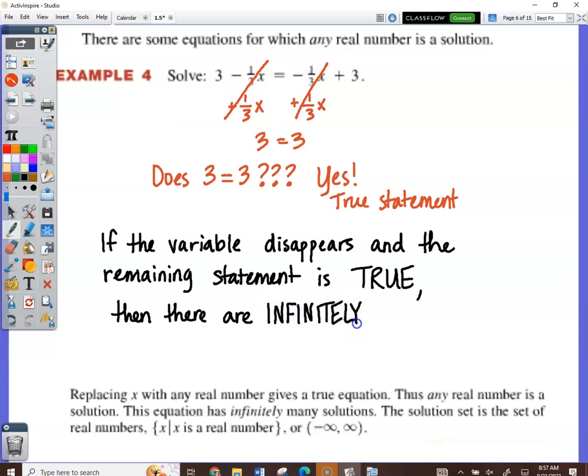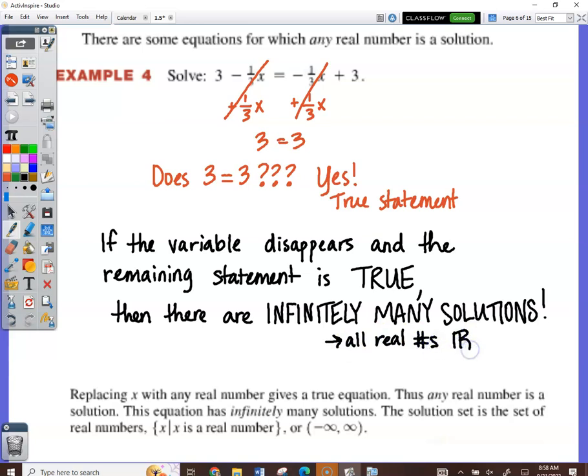Infinitely many solutions, or you need to know it all, because in my math lab they're going to have you interpret it. Infinitely many solutions, which means all real numbers, which is that big capital R, which is also negative infinity to infinity.